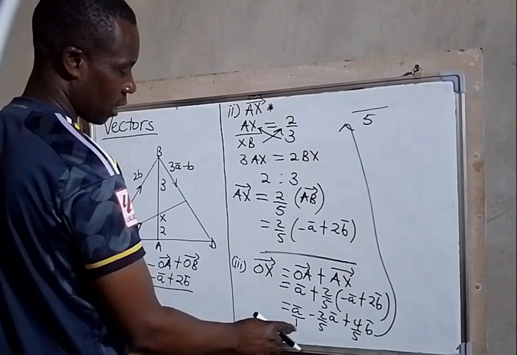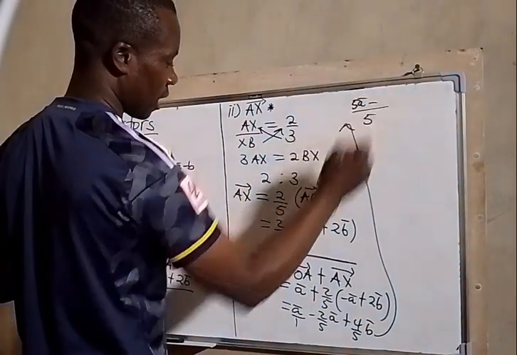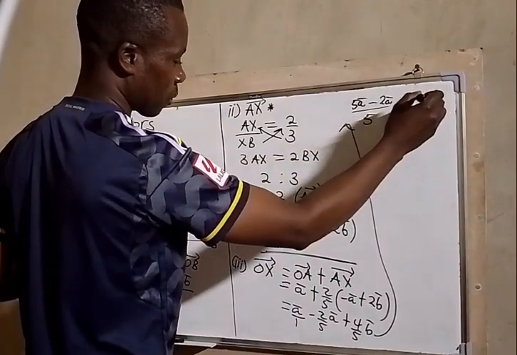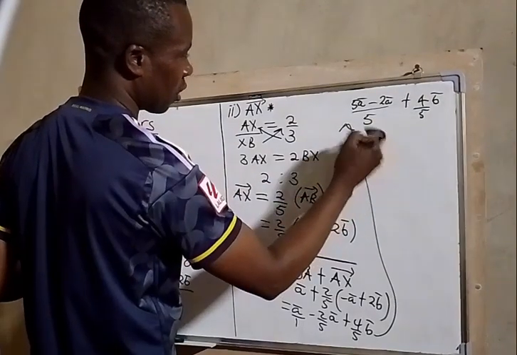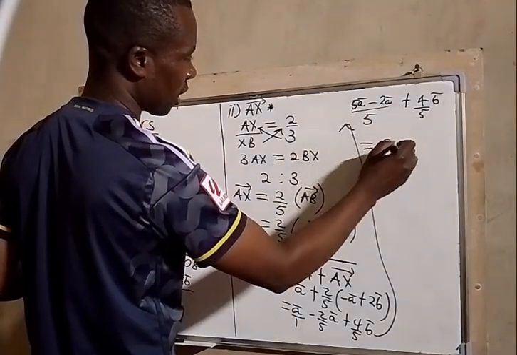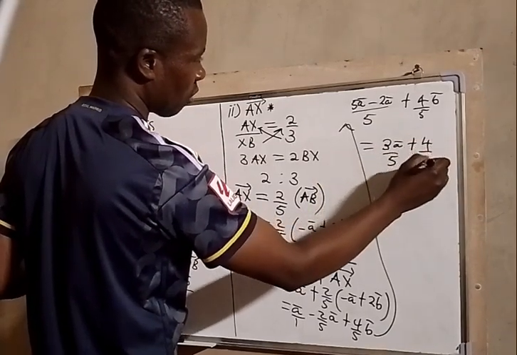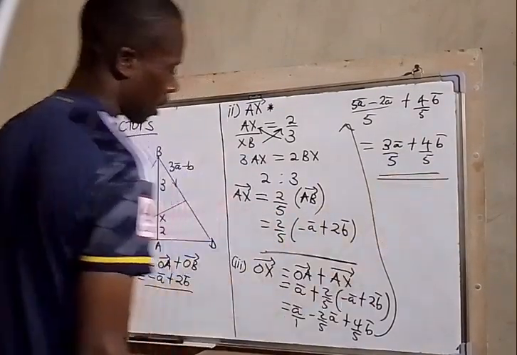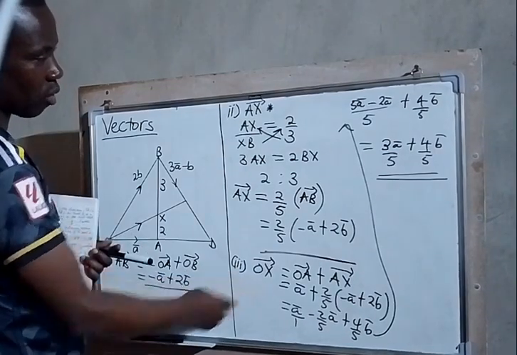So 1 times 5, that's 5 vector A, minus 2 vector A, plus 4 over 5 vector B. This is equal to 5A minus 2A, that's 3 vector A over 5, plus 4 over 5 vector B. This is the value of vector OX.